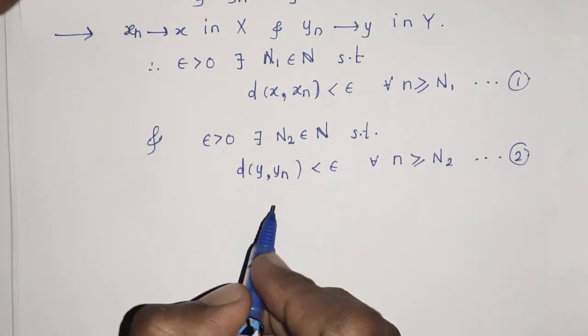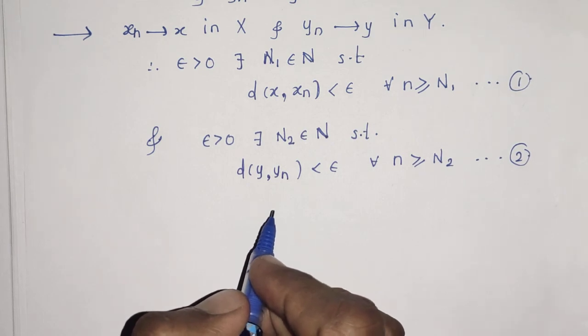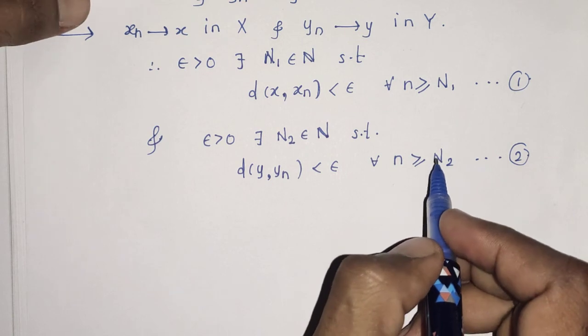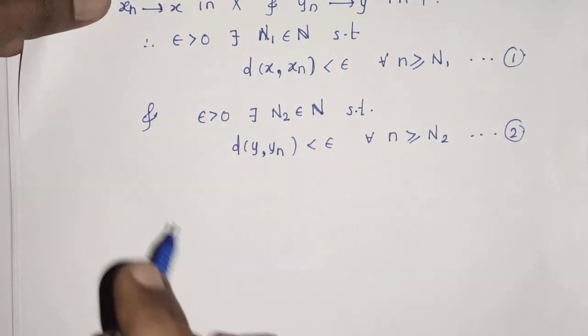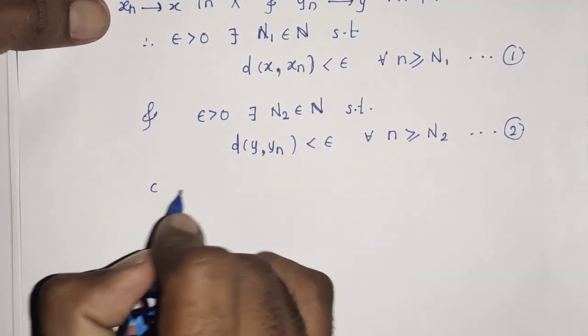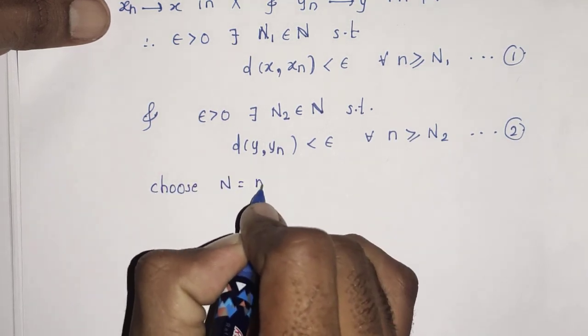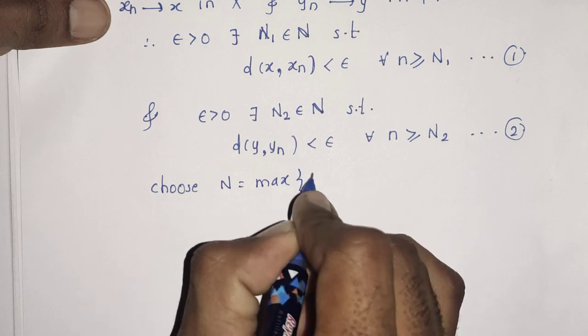Now, similar to the previous example, we can take the maximum of N1 and N2 so that both conditions are satisfied. So choose N equal to the maximum of N1 and N2.